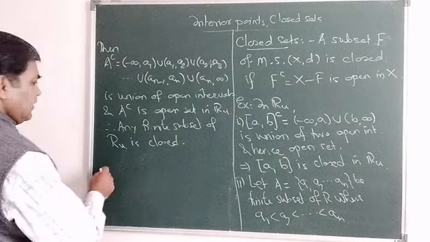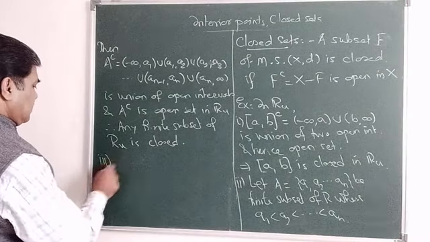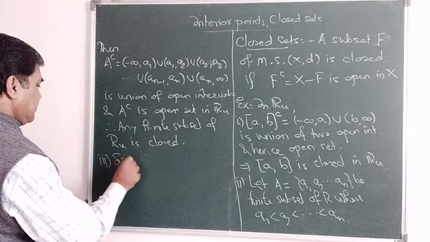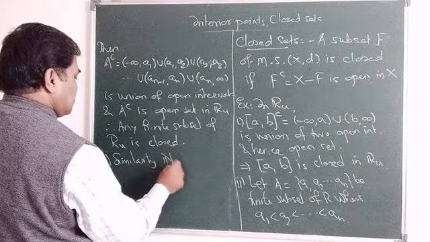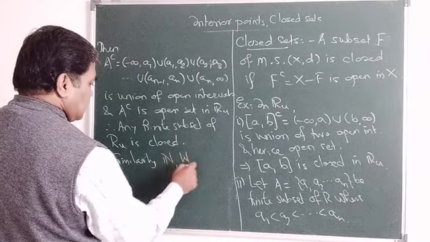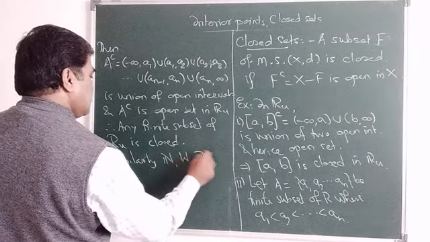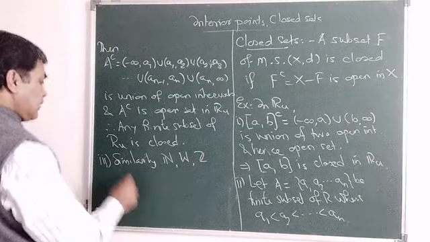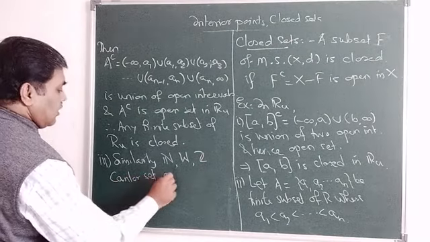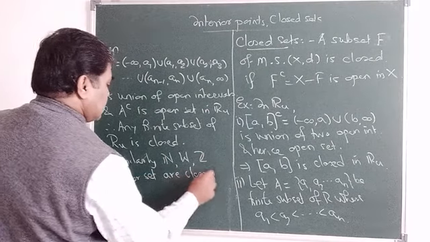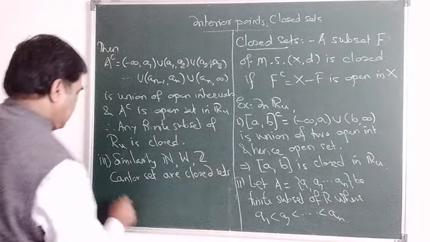Next, similarly, the set of natural numbers, the set of whole numbers, the set of integers, and the Cantor set are closed sets in R_U.